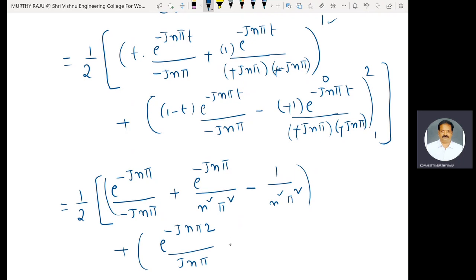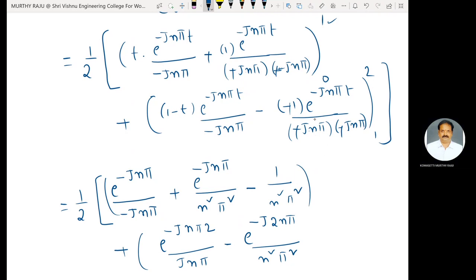Therefore the minus sign is there: minus e power minus j 2 n pi by n square pi square. That is the upper limit. For 1 substituted, 1 minus 1 is 0. Here minus into minus plus e power minus j n pi by n square pi square.